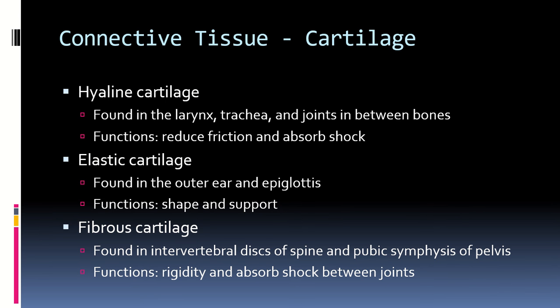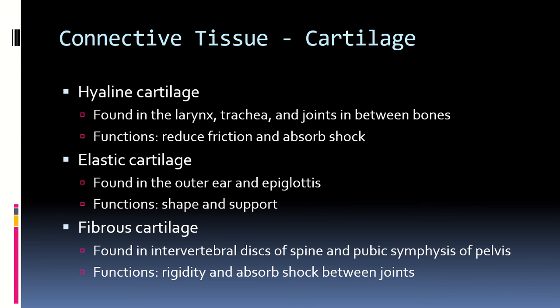And then the last type of cartilage is fibrous cartilage, which is found in intervertebral discs of the spine. So the discs lining the space between each vertebrae, as well as the pubic symphysis of the pelvic bone of the pelvis.